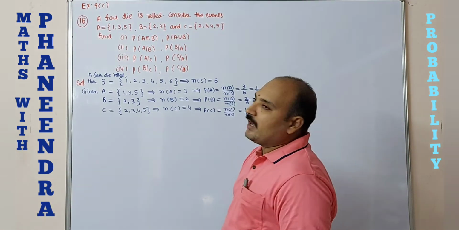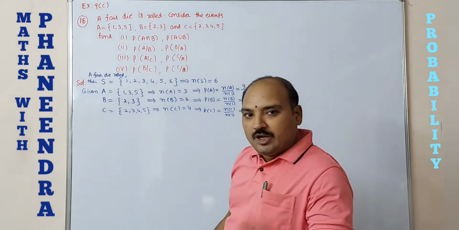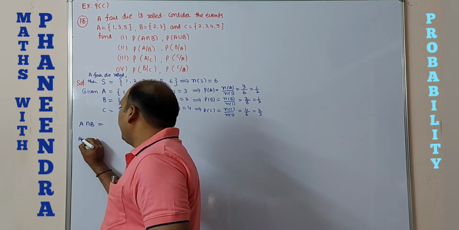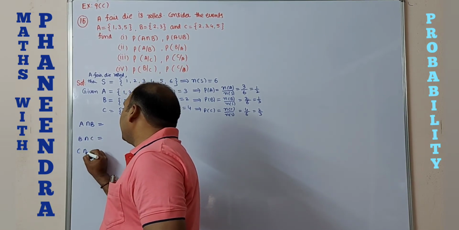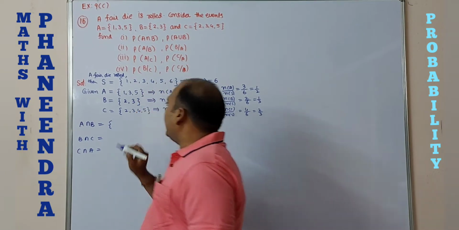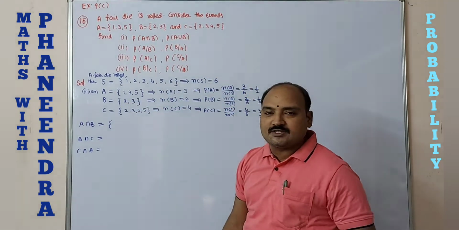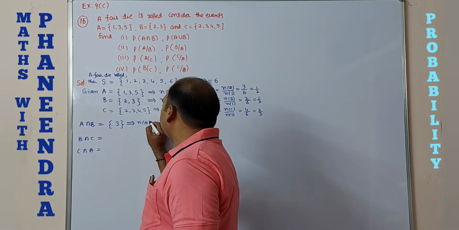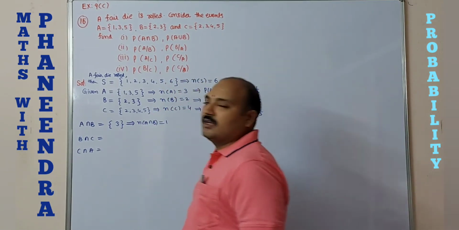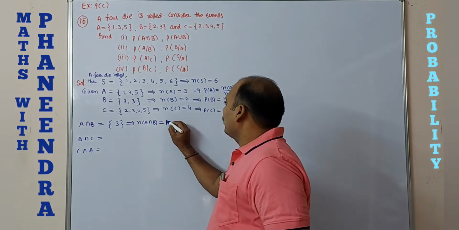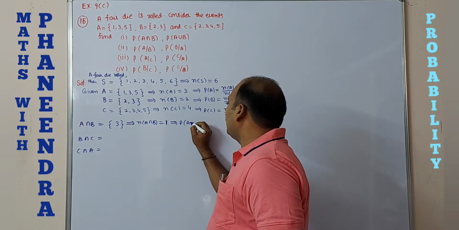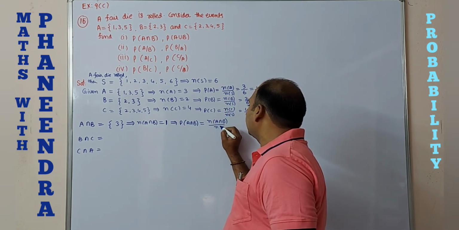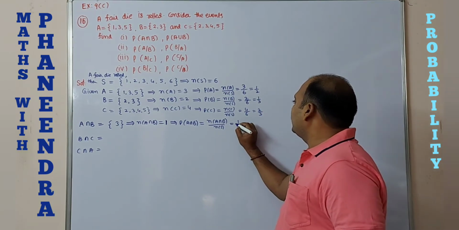After that, to calculate intersections, we need to do A intersection B, B intersection C, C intersection A. So A intersection B, in this what are the common things? 3, only 3 element. So that implies that n of A intersection B is equal to only one element. So obviously P of A intersection B is equal to n of A intersection B by n of S. So 1 by 6.